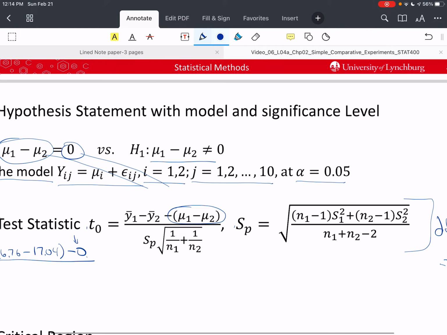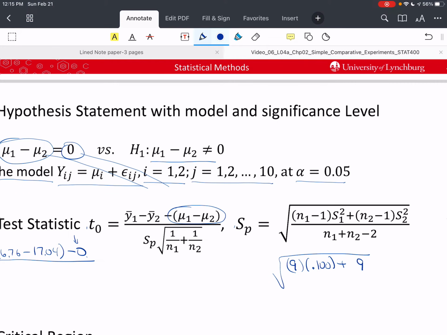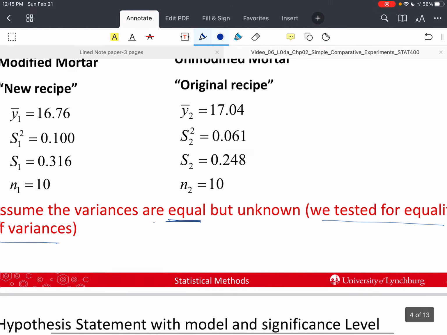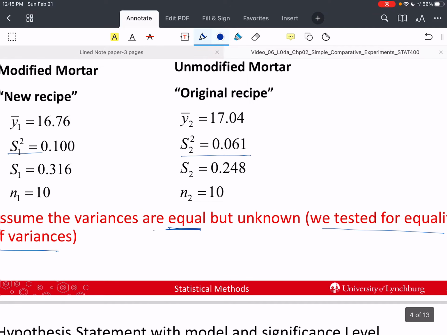Now, SP is given here as the square root of n1 minus 1, n1 is 10, so 10 minus 1 is 9, times s1 squared, I believe that's 0.1, plus n2 minus 1, that's also 9, times s2 squared, 0.061, if I remember correctly, and they are right here. S1 squared is here, S2 squared is here.